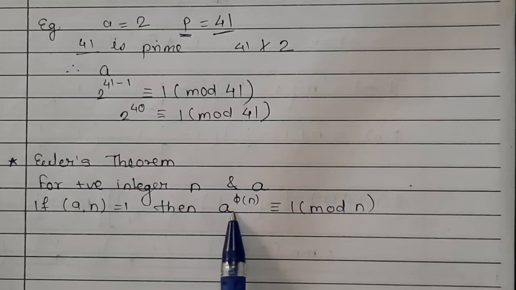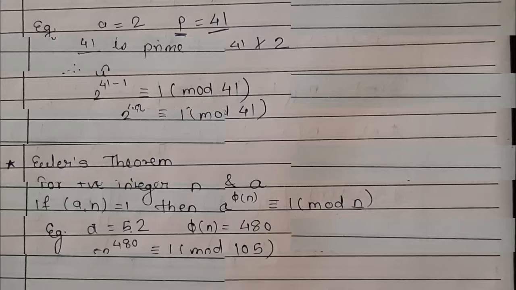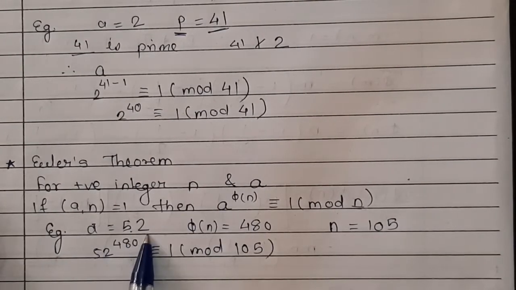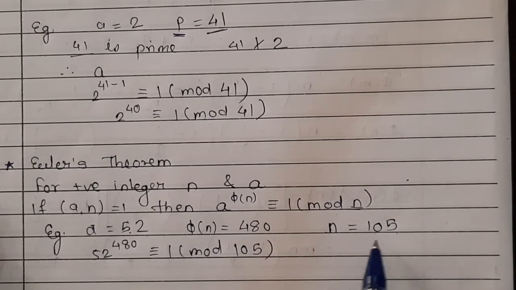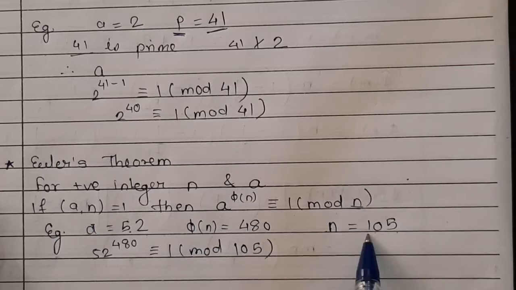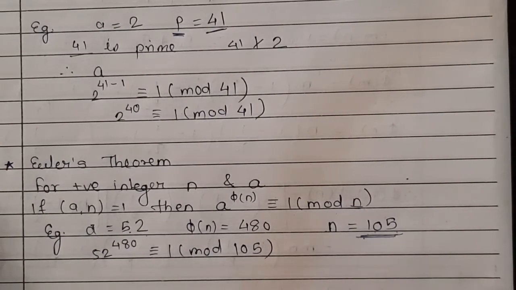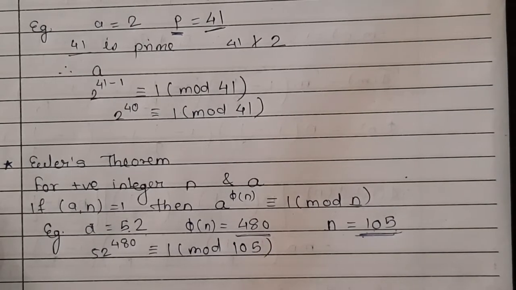So a raised to phi n is congruent to 1 mod n. Example for Euler's theorem. If a is equal to 52 and n is equal to 105, and you find the Euler phi function for this number, then you will get 480.